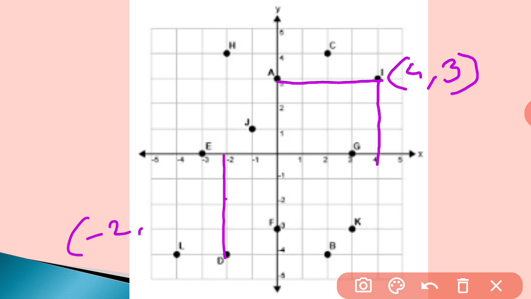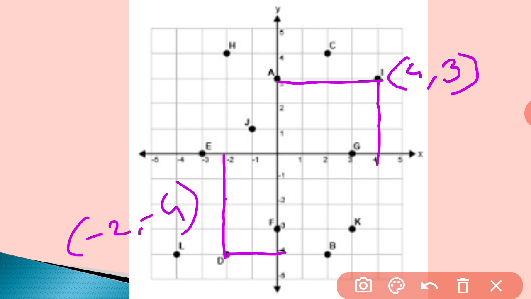The next perpendicular from D to the y-axis has reached -4. So the coordinate of D is (-2, -4). This is how we get the coordinates of each and every point.